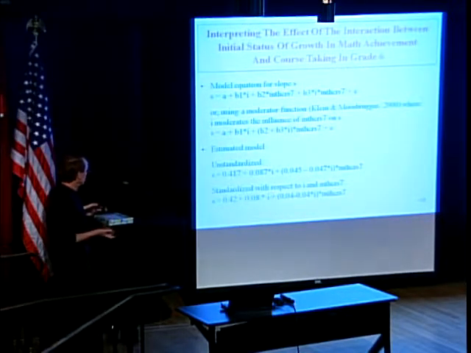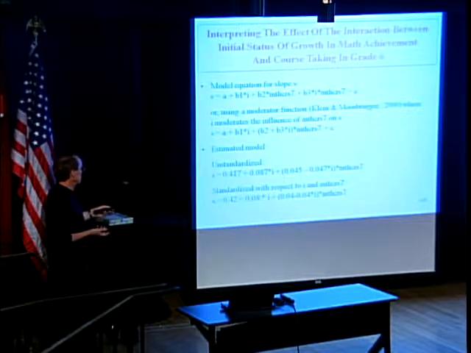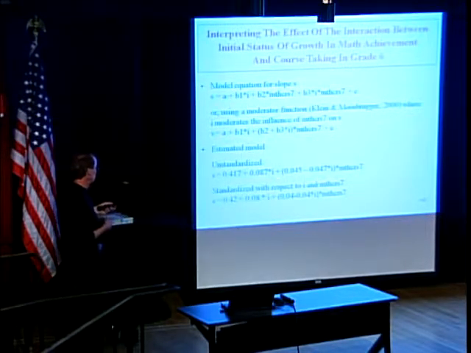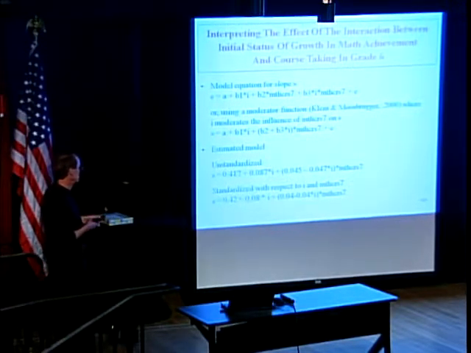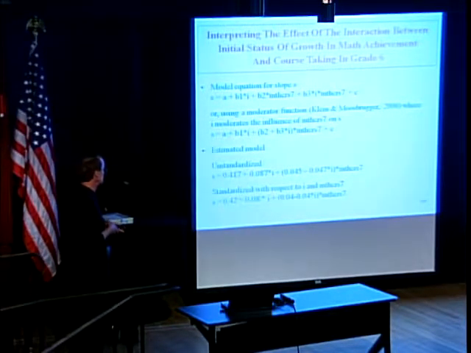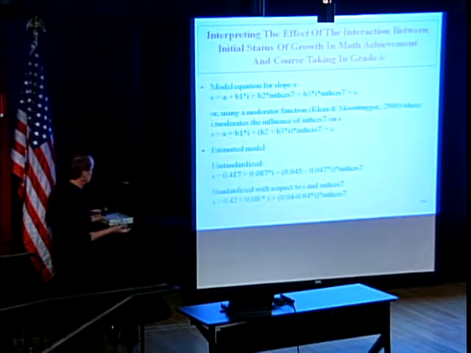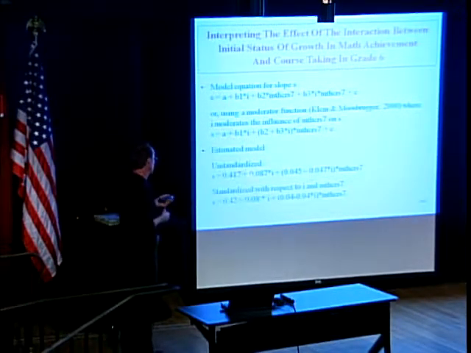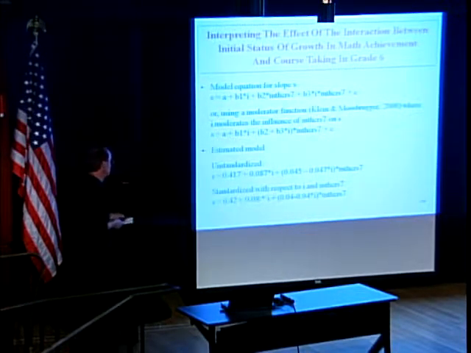So you estimate the model, you get the unstandardized coefficients, but again, in this case, math course taking and I are on different metrics, so it perhaps is useful to standardize those variables, or rather standardize the coefficients. So we're going to standardize the coefficients here with respect to I and math course taking 7.